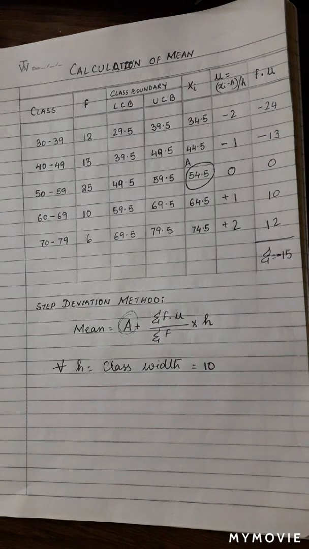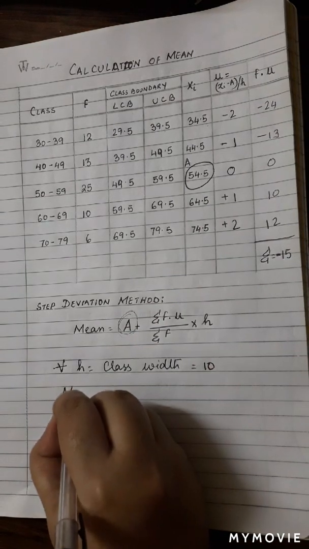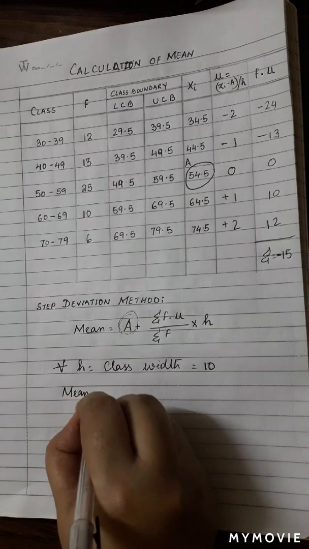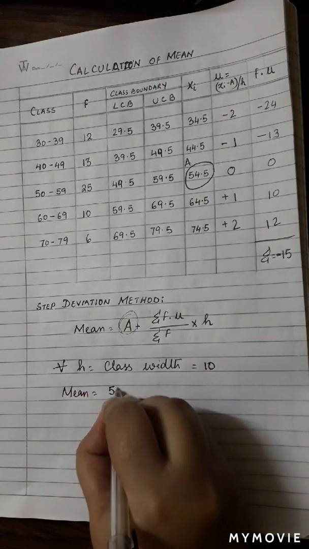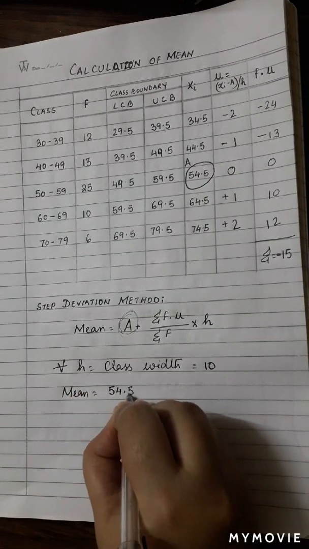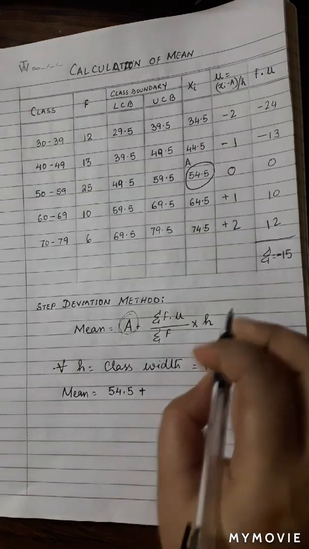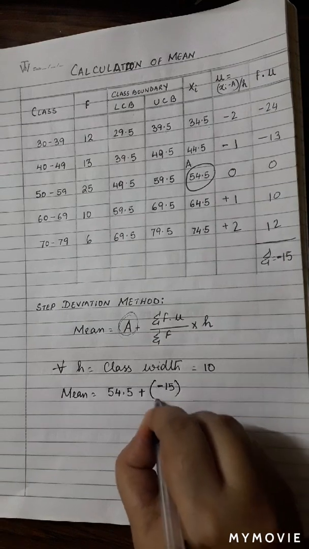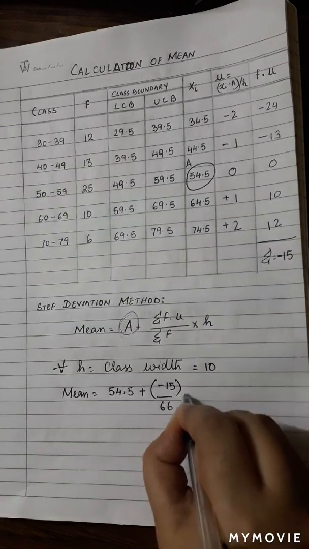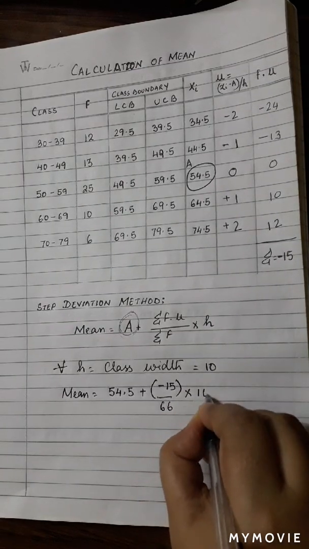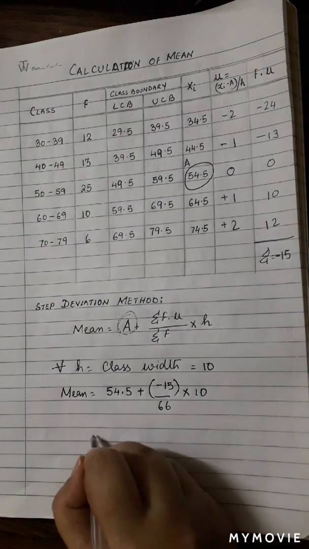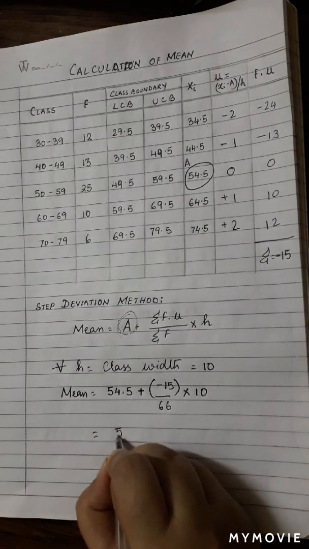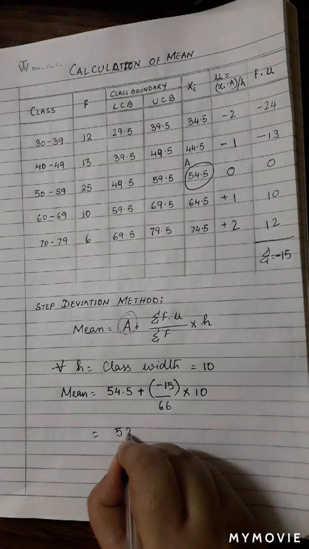So the mean here will be the assumed mean, 54.5, plus summation fu, which is minus 15, divided by 66, multiplied by the class width, which is 10. If you solve, you will once again get 52.227.